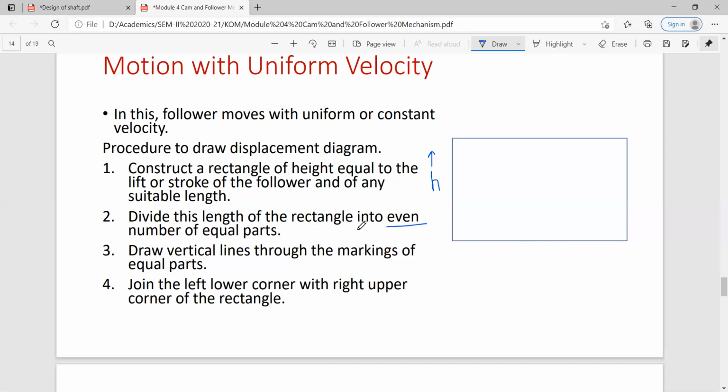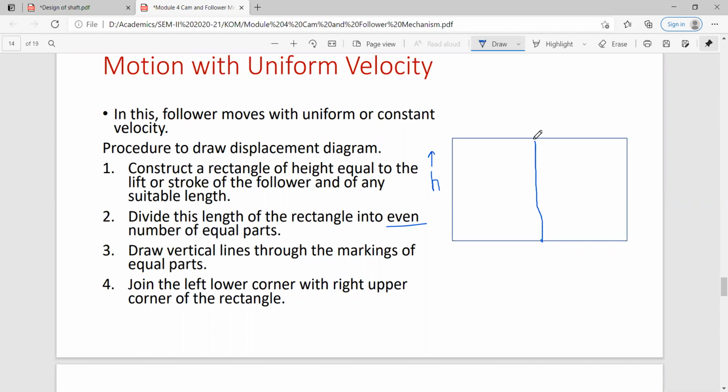And you have to divide it into equal parts. So in this case, let us divide it into 6 parts. I will take this length as 60 mm, so that I can divide the 60 mm into 6 parts, each part being equal to 10 mm.